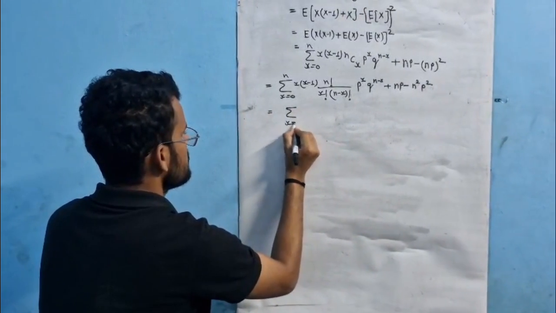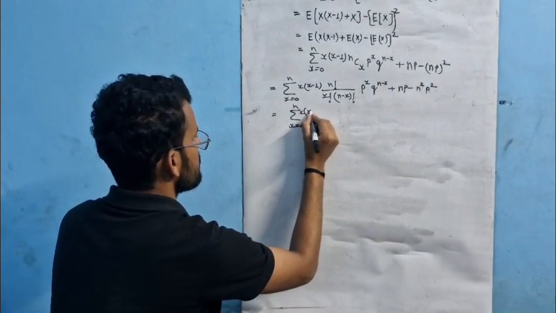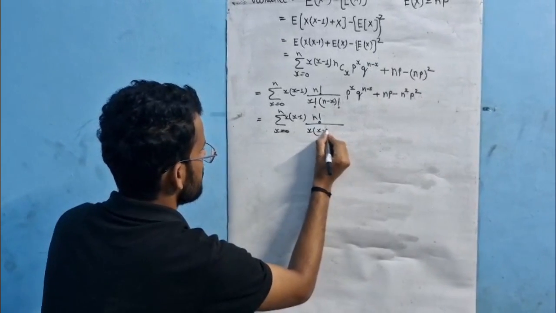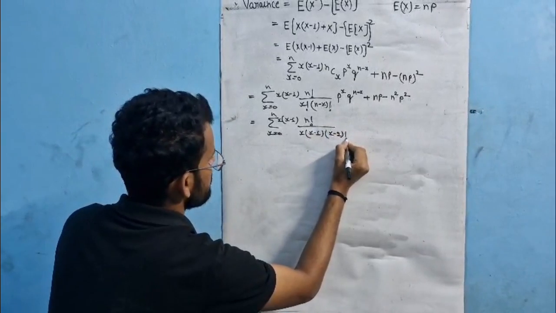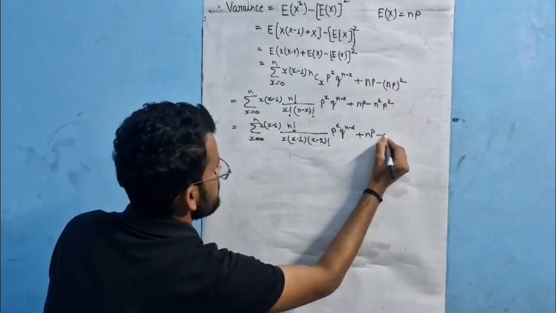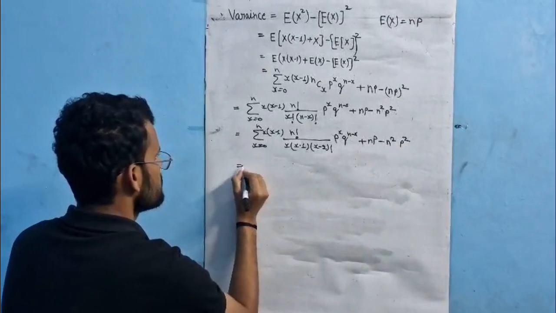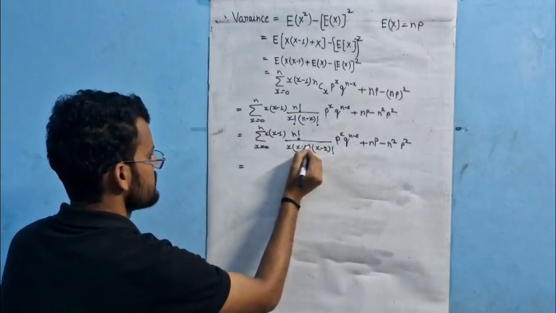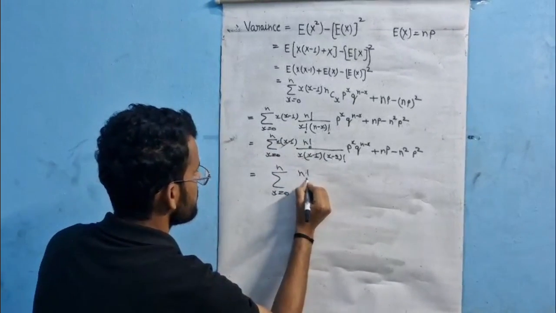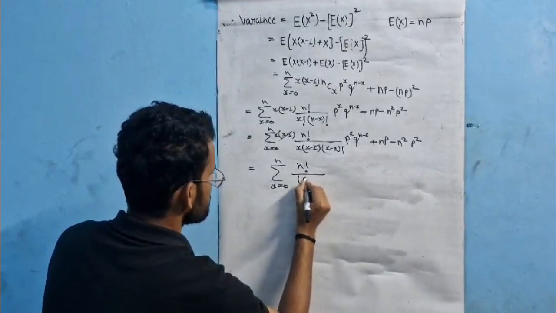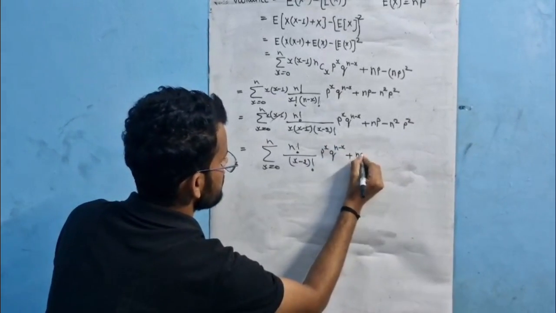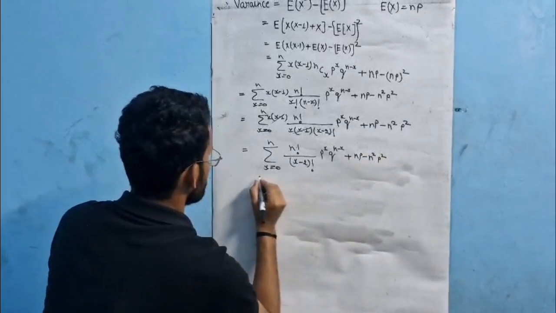Now x factorial expands as x into x minus 1 into x minus 2 factorial, so x and x minus 1 cancel, giving summation x equal to 0 to n of n factorial divided by x minus 2 factorial n minus x factorial p raised to the power x q raised to the power n minus x, plus np minus n square p square.